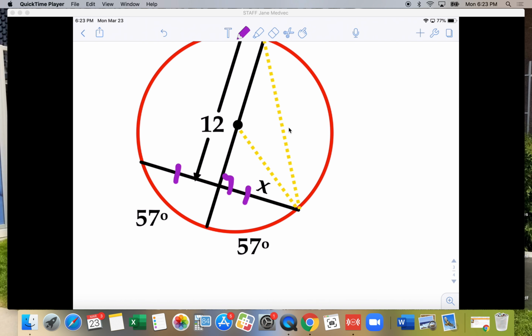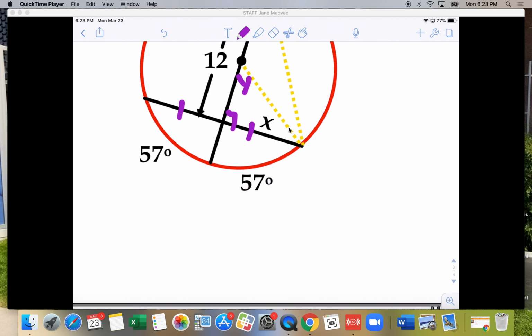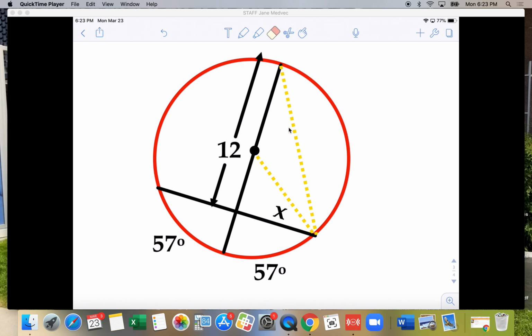Okay? So what I'm going to do is I need to find the angle measure, and I'm going to call this Y right in there. So I'm going to take Y plus 90. Ooh, I'm sorry. Take that back. Let's go back. I'm sorry. Because this is 57 degrees, it does.